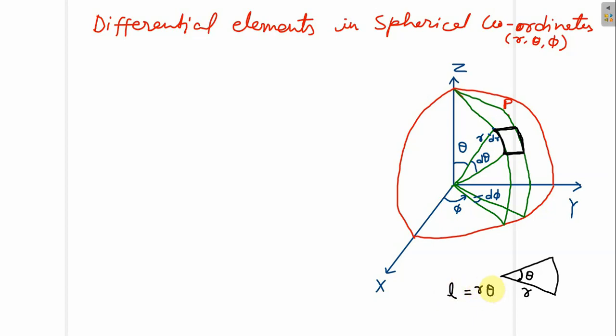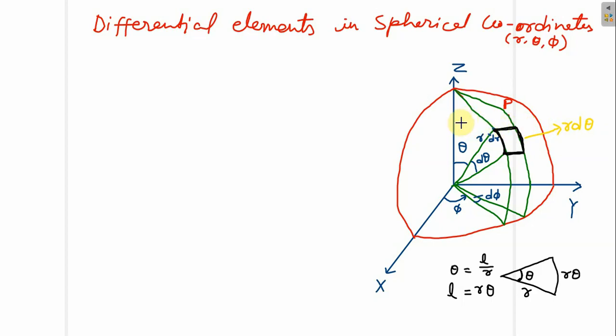R into theta, because we know that theta equals L upon r. So L equals r theta. In the similar manner, if this is r and this is d theta, what will be the length of this arc? The length of this arc will be r d theta.